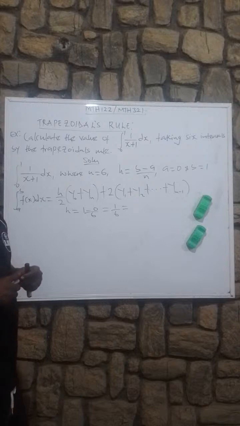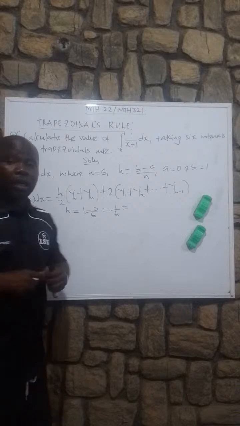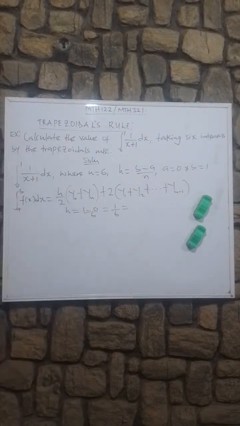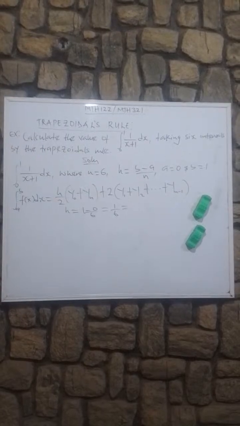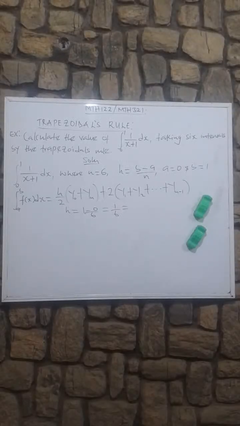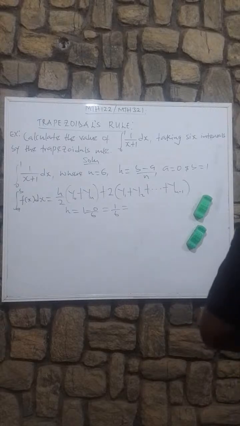Somebody should press the calculator. 1 all over 6 will give us 0.166. Okay, that's lovely.